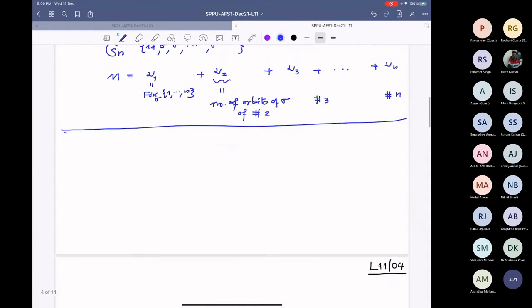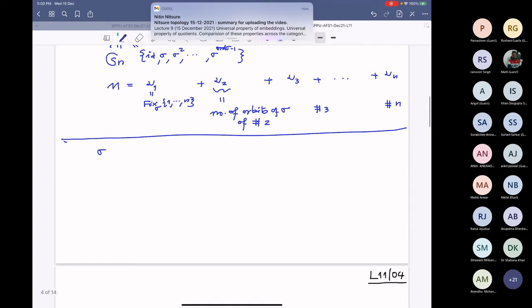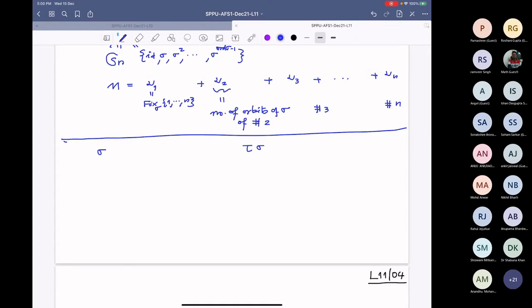And if I want to know the orbit of sigma, how can we write down the orbit for the conjugate of sigma? I have to understand what happens to the cycles. So suppose I have an n cycle that looks like this. Again, I should not write the commas. This is what a typical cycle looks like.